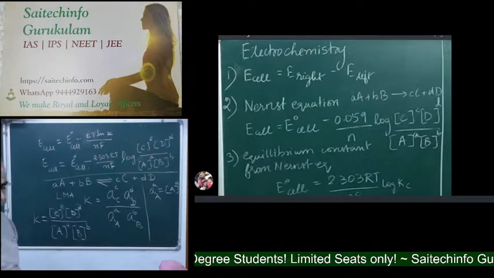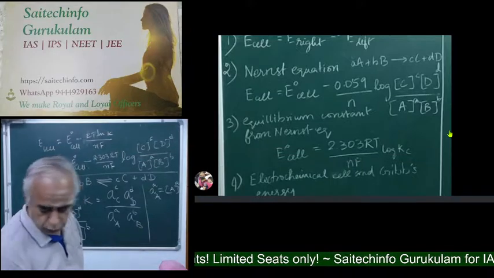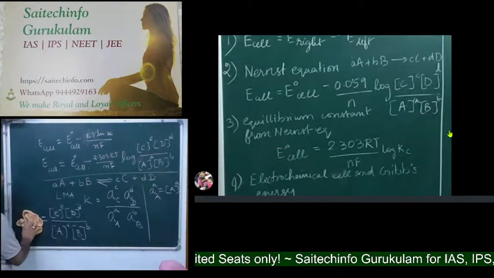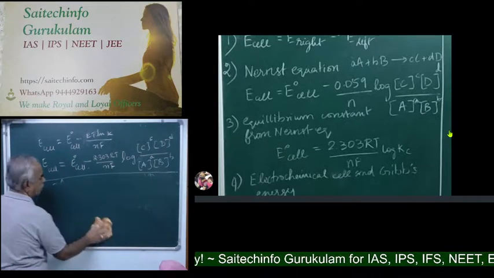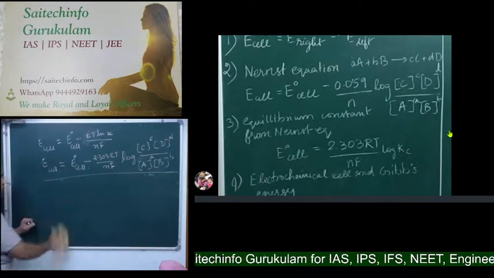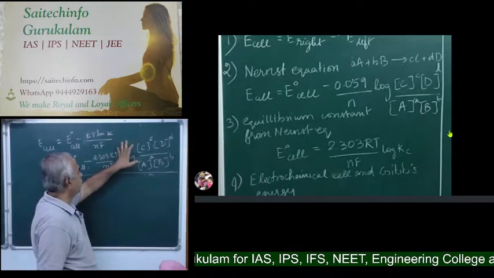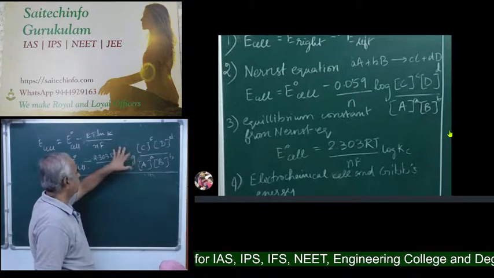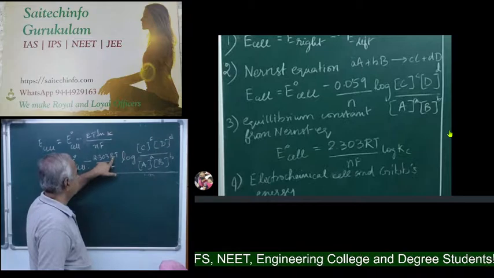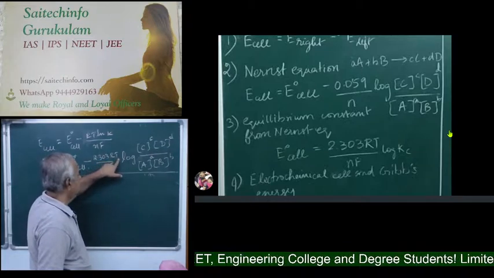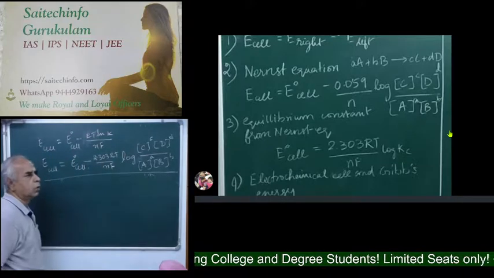And this can also be represented by substituting the values: R, the universal gas constant, 8.314 joule per Kelvin per mole, T the temperature, and n, which if it is 1 you can put 1 also.